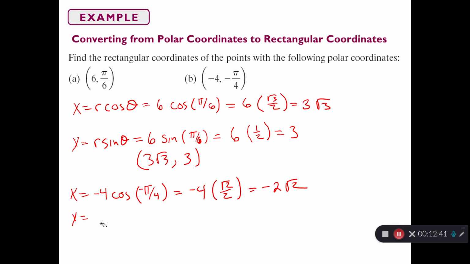So r is negative 4, and then it's sine negative pi over 4.